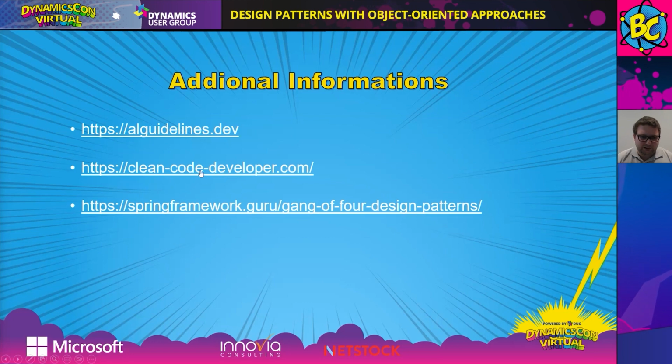Then I've also linked the clean code developer, where I have copied the SOLID description from. And what I also want to mention is the Gang of 4 design patterns. It's a book. It has some of these patterns in a general way.